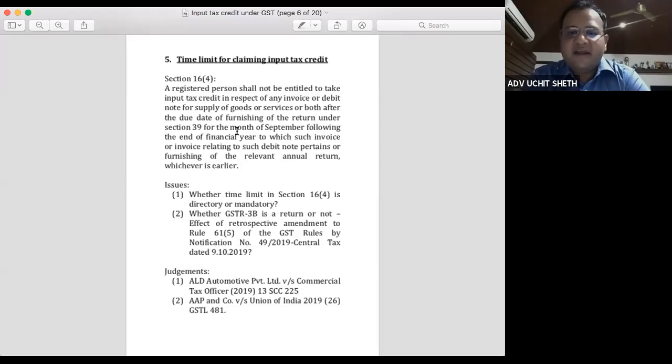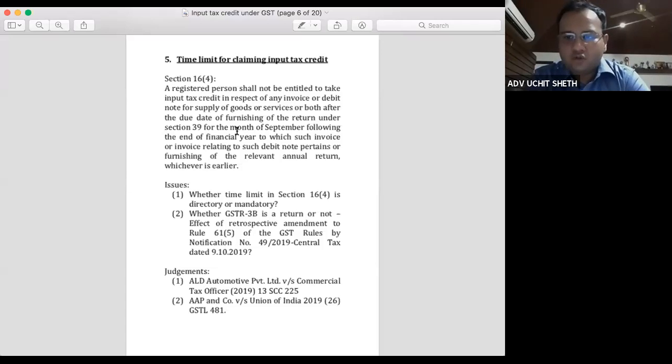One fine day, much after the expiry of the time period for the filing of monthly return for the month of September, you come up with a retrospective amendment and declare 3B to be a monthly return, thereby taking away my right of input tax credit with retrospective effect, which is not valid. So according to me, for the year 17-18 itself, this is a good proposition.